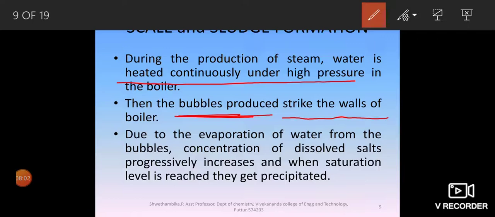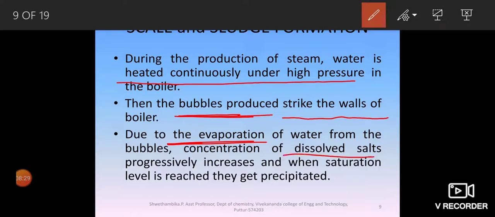We take the water in the boiler and we boil it. The bubbles created on the surface of the water will be carried away and will be striking the walls of the boiler. There it must undergo evaporation because the boiler body is too hot. So these bubbles will be undergoing evaporation, in the sense water present in the bubbles will be evaporated.